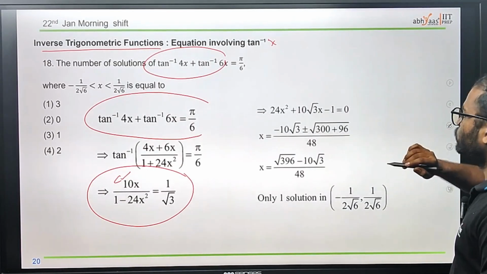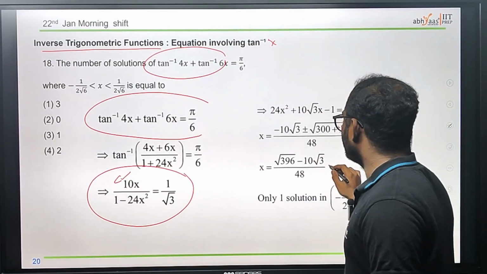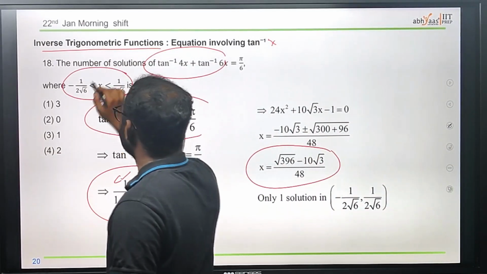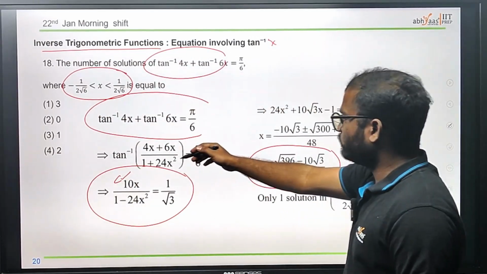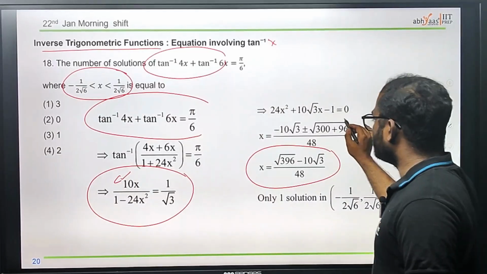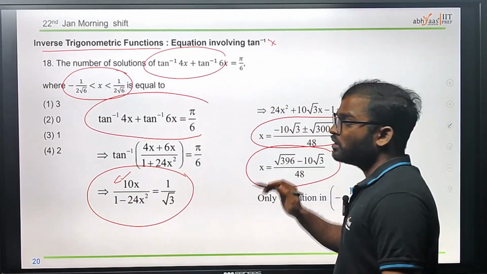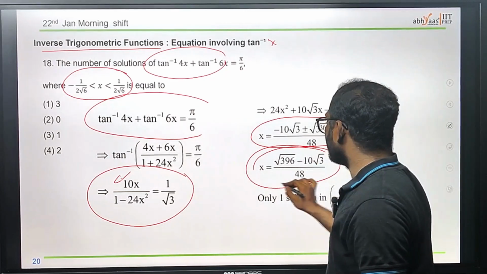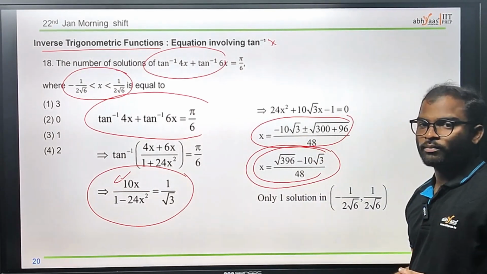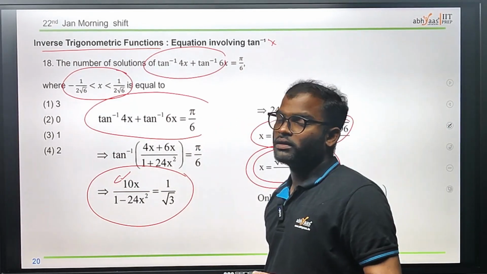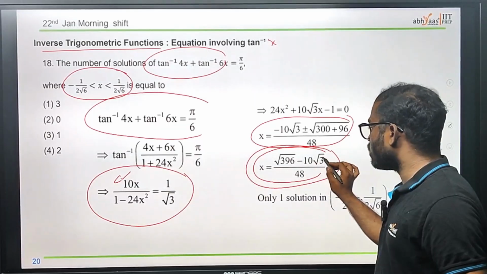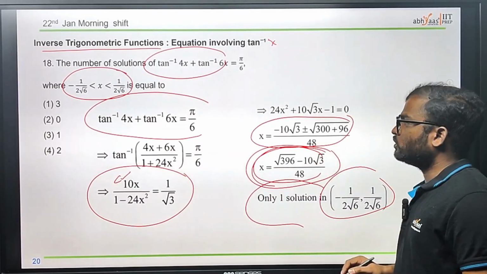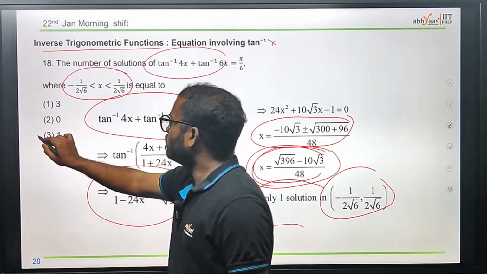We will have two roots, and we take the one root that must be in this interval. We have to check whether both roots are possible in this interval or not. If we observe, we got only one x in this region. Therefore, the number of solutions is 1.